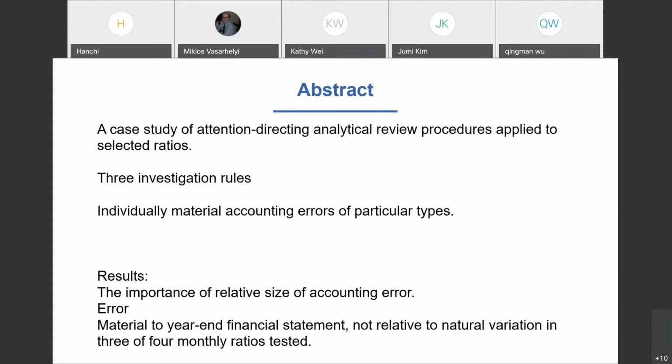After they do the test, they find that it's very important to know the relative size of the accounting error. And they find that an error that is material to year-end financial statements may not be relative to natural variation in 3 or 4 monthly ratios tested, which is row 1 method, the traditional method.